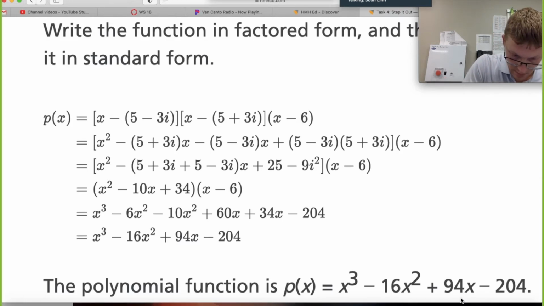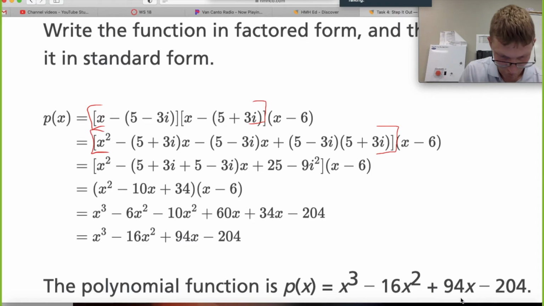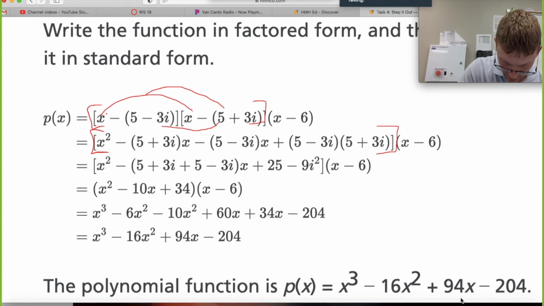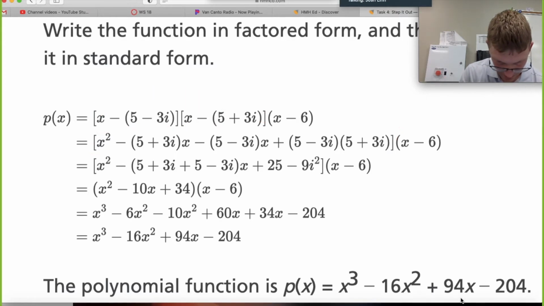So then they're grouping these together, and that's where they get this whole business. They did x times x, x times that, and then this complex number times x, and so on and so forth. So they just multiplied all of that out, and they showed exactly what they were doing.